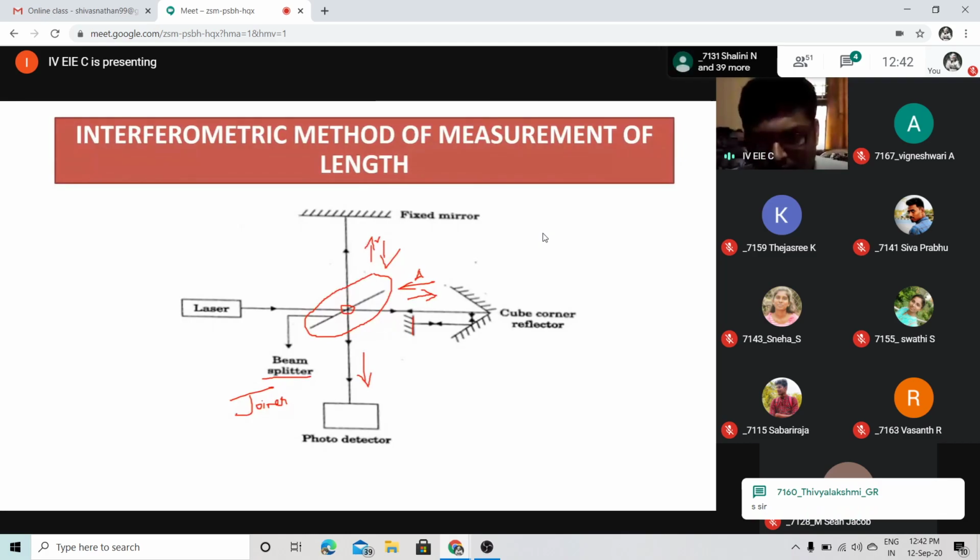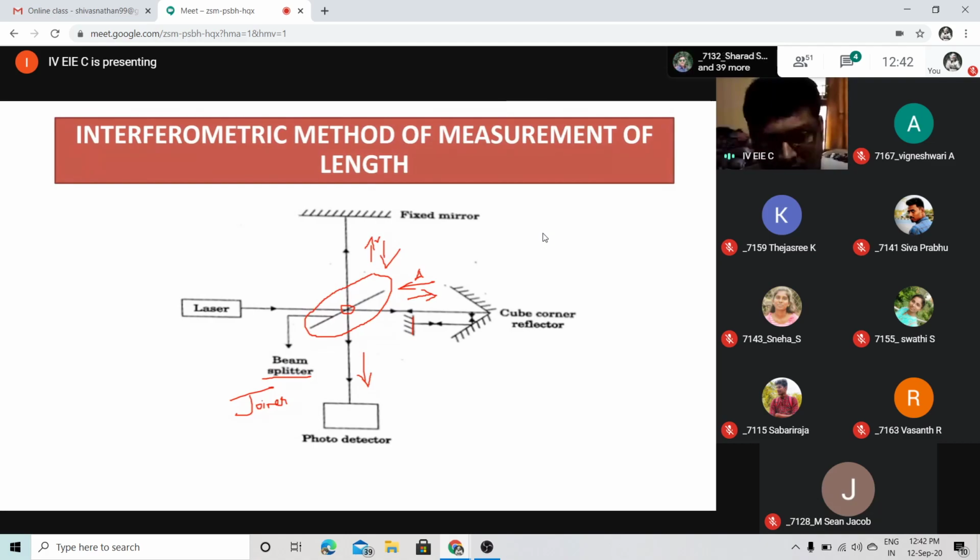Now I might have marked something in red color. That is how the working phenomenon is. Clear? We have a beam splitter cum joiner present, with the same interferometry principle. The laser is focused, and we have a fixed mirror and a movable cube corner reflector. Or we could have a movable mirror and a fixed cube corner reflector.